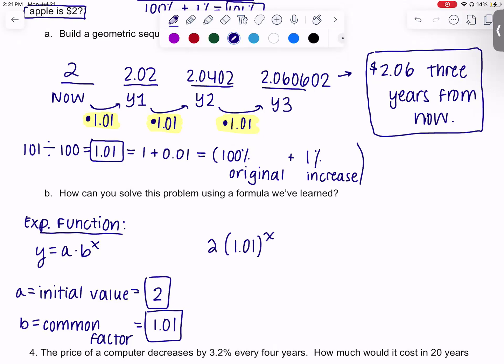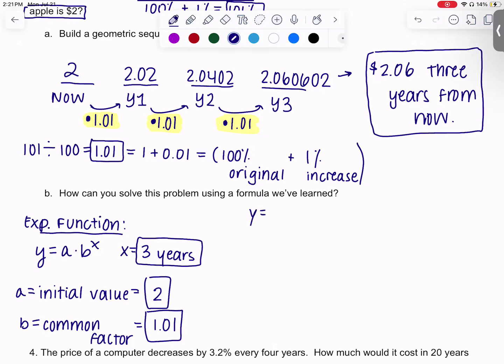And don't forget 2 in front of it, the initial value, equals y. So that's the formula. I'm sorry, if you wrote that, erase it. Something else we should note is that x equals 3, because we're looking for 3 years from now.